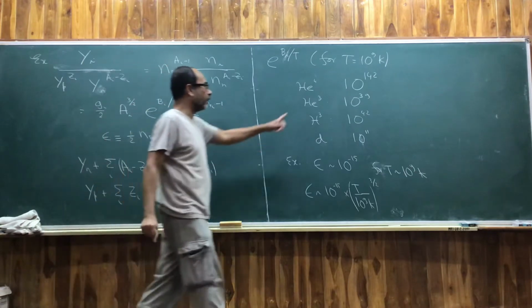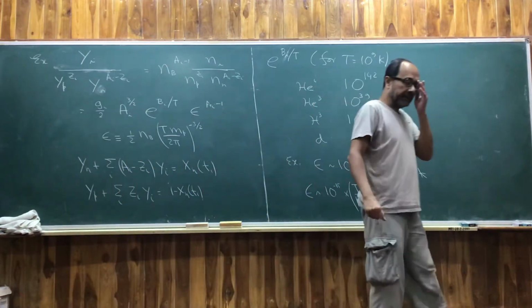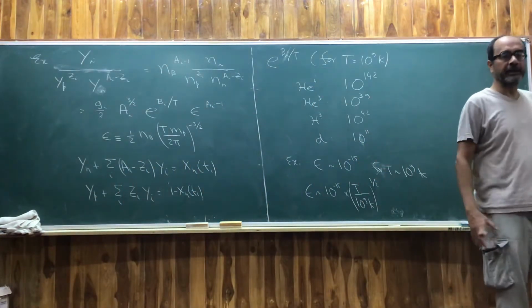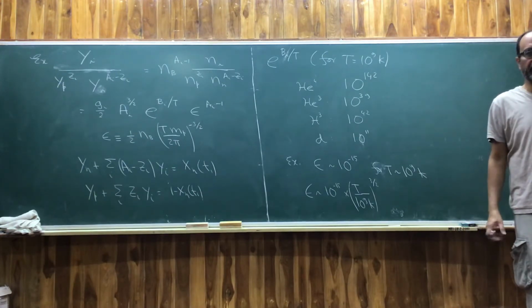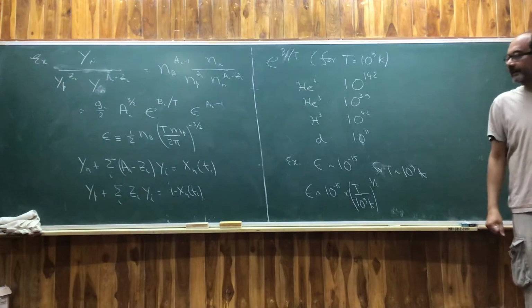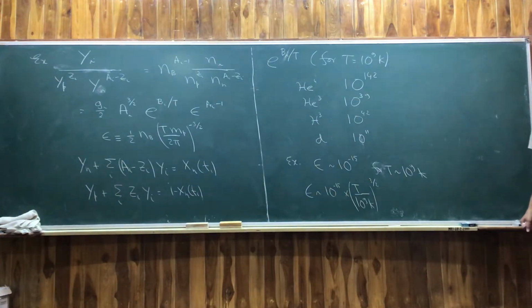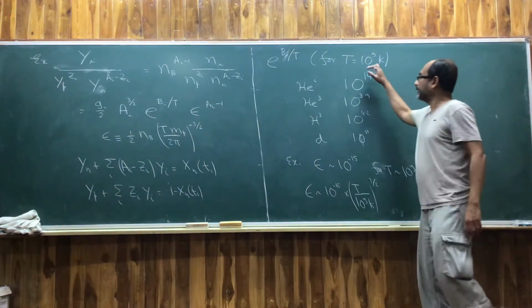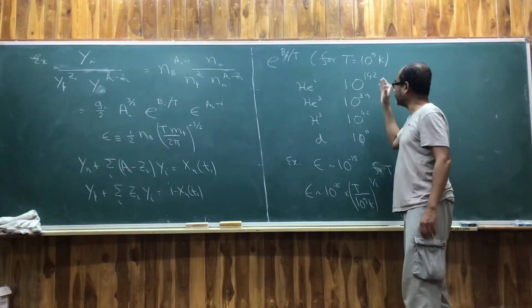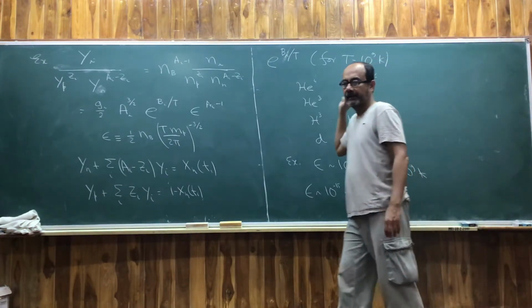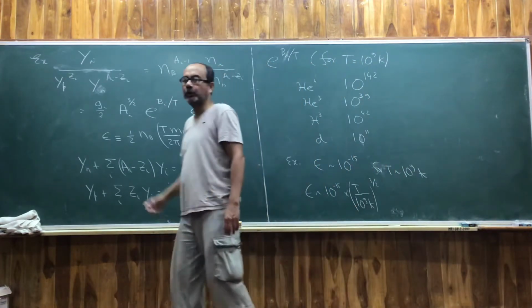This number, 10 to the 142, for the helium 4 is a reflection of the fact that helium 4 has a huge binding energy, like 28 MeV. So that's why at this temperature, which is about 0.1 MeV, it's a huge number. It's e to the 280.